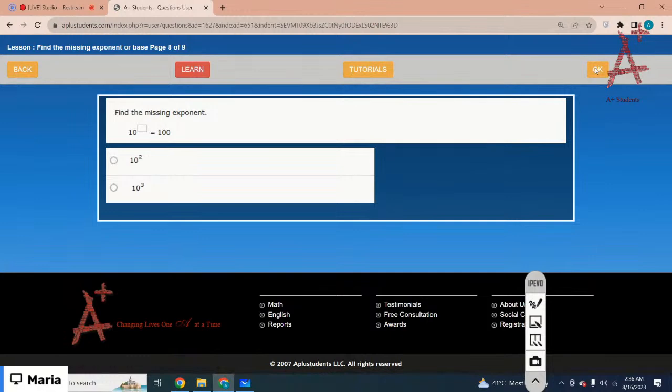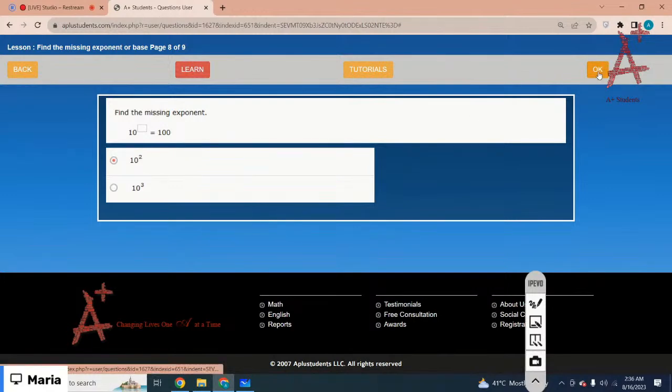Okay, find the missing exponent. Which is the correct option when the exponent is missing? Yes, it would be 10 exponent 2.